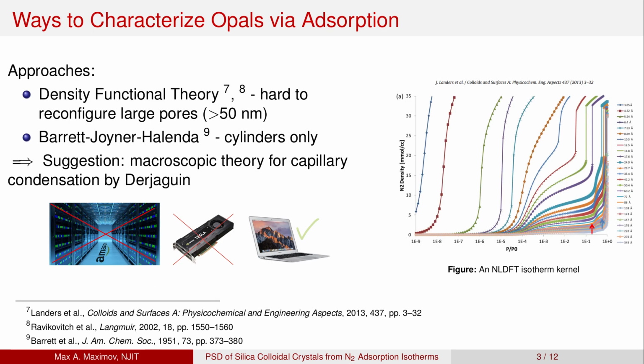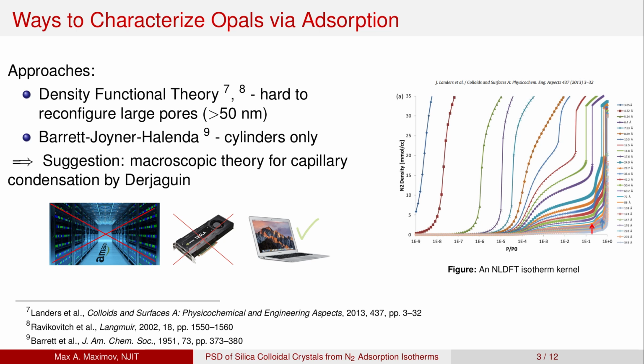There are a few ways to characterize these materials using adsorption. One of the most common methods here is the use of density functional theory, but unfortunately in the commercial software there are kernels with limited pore sizes available, typically up to 50 nanometers. In addition to that, their parameterization requires a lot of effort.